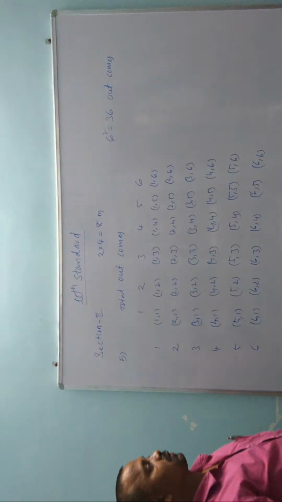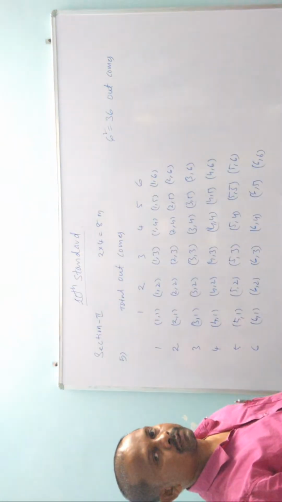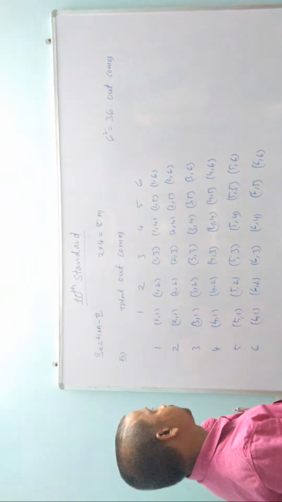These are the total 36 outcomes when we throw 2 dice at a time randomly.